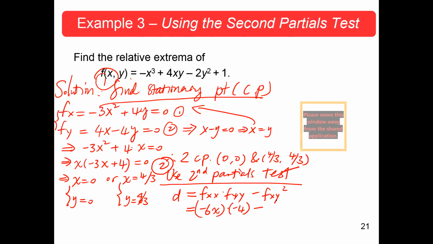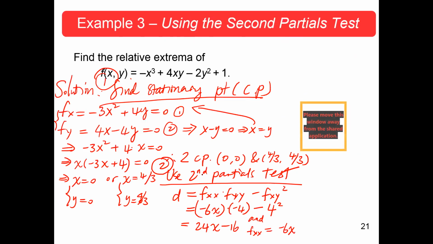Minus fxy, so fx taking the derivative with respect to y would be 4, squared. You guys okay? So that is 24x minus 16. So this is D. And fxx is negative 6x.